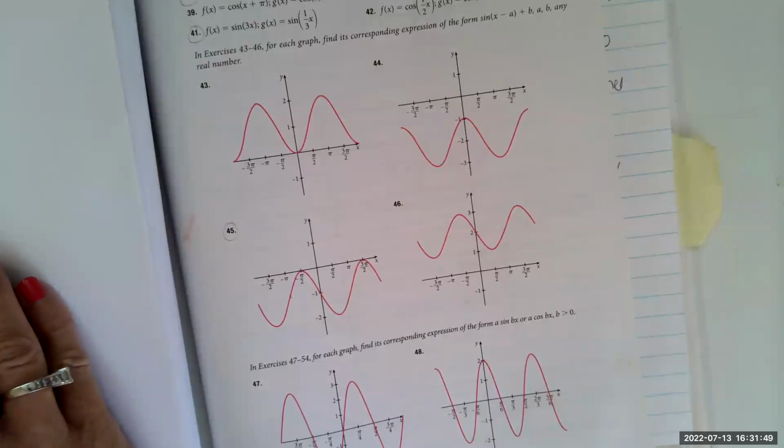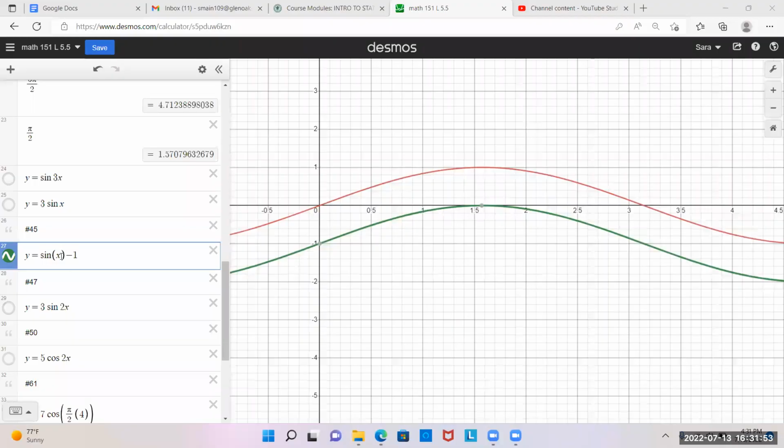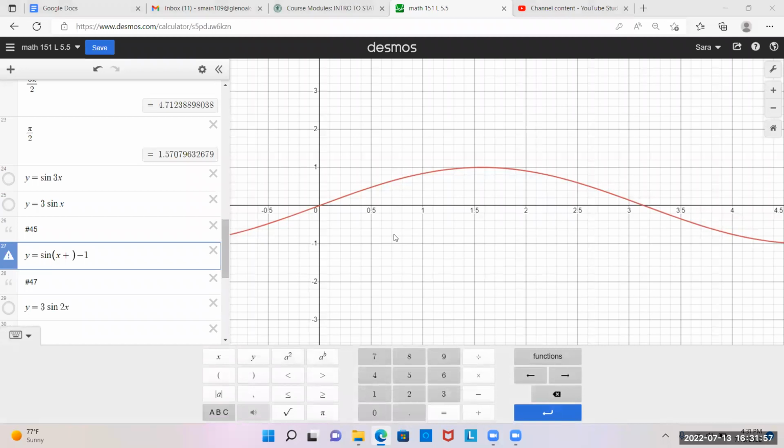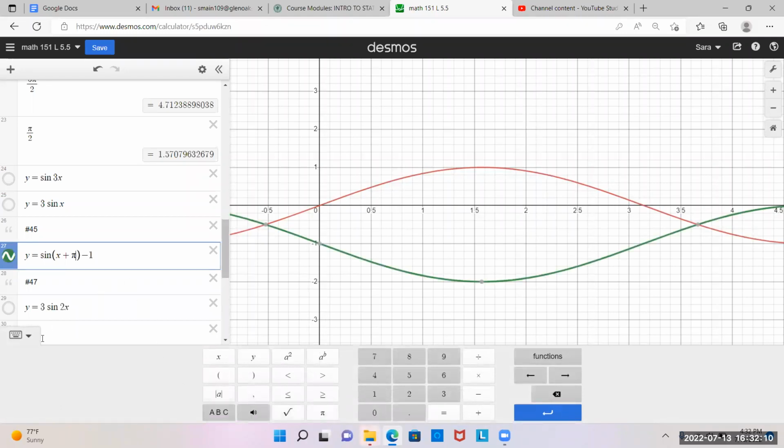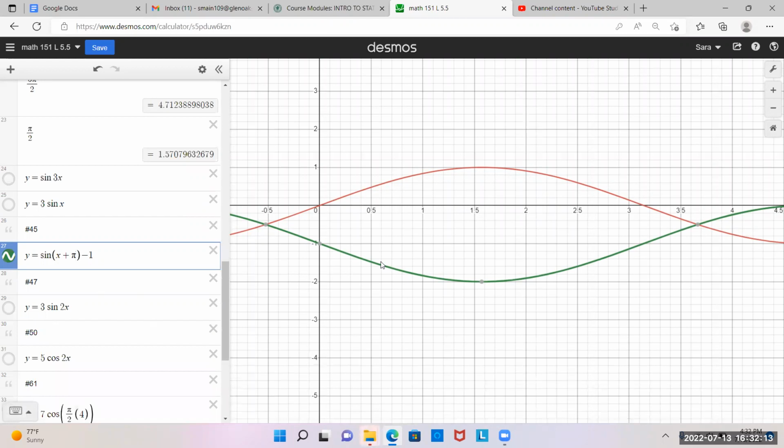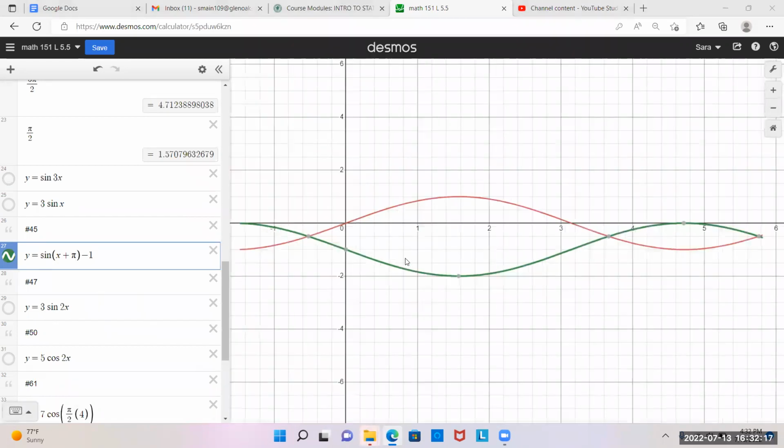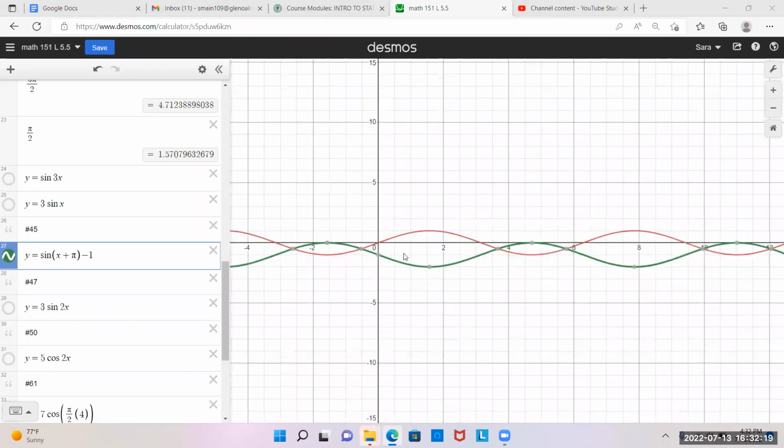Let me go back to my Desmos here for a minute. I'm going to say plus, and then in my keyboard menu, I can just go down here and click on the pi. There we go, the pi. Now I'm going to zoom out so it looks more like the book.